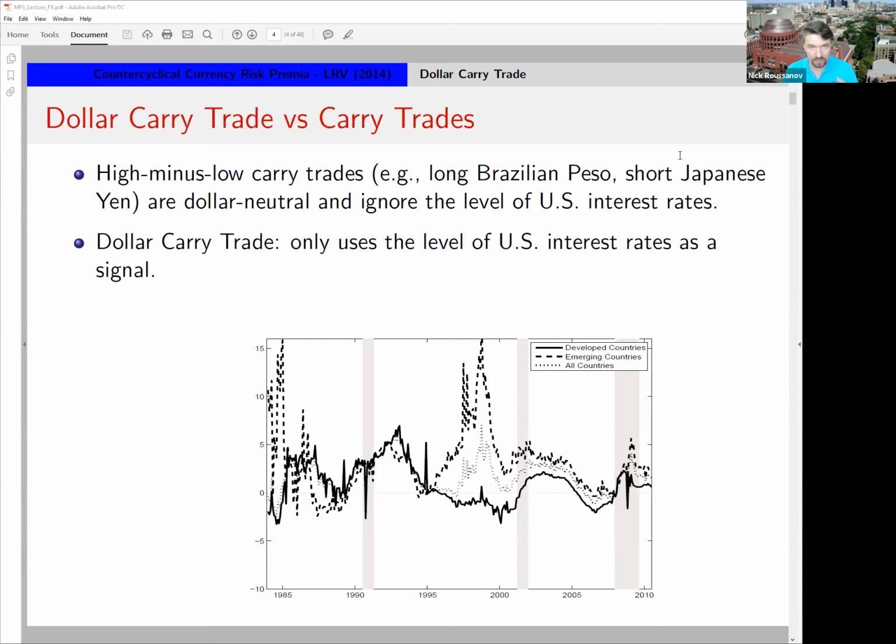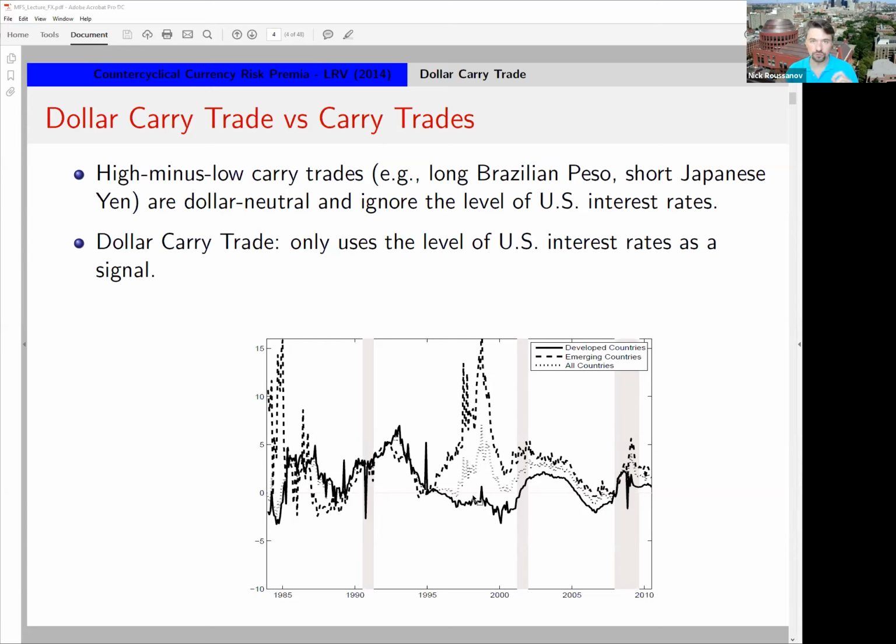Now, of course, it matters which currencies or which interest rates you include in the baskets, because if you include emerging country currencies in particular that are prone to maybe high inflation or very sensitive to stress in financial markets, as you see in this graph, the Asian financial crisis in particular, these interest rate differentials behave very differently compared to interest rate differentials that only include developed country currencies.